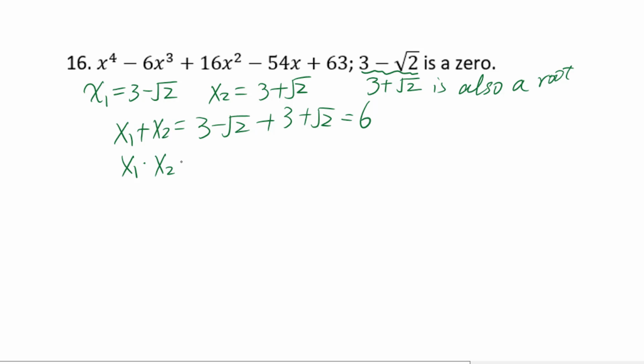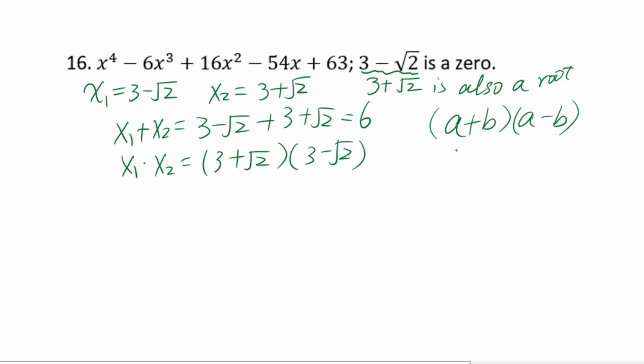For x1 times x2, it is 3 plus square root of 2 times 3 minus square root of 2. Remember, a plus b times a minus b equals a squared minus b squared. So we have 3 squared minus square root of 2 squared, 9 minus 2 equals 7.